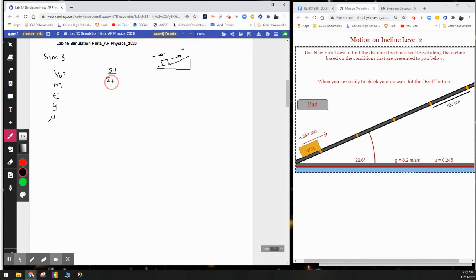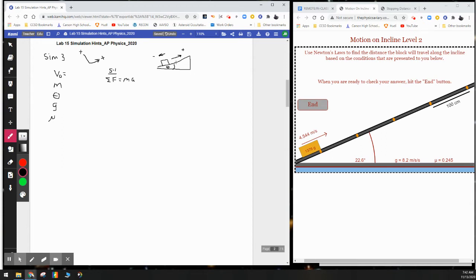So we have to take the sum of the forces up along the ramp. If you need to, you can draw this: this is positive in this direction, so this is like the x-axis, and here's theta right here. Sum of the forces is equal to ma. We have to be careful now.